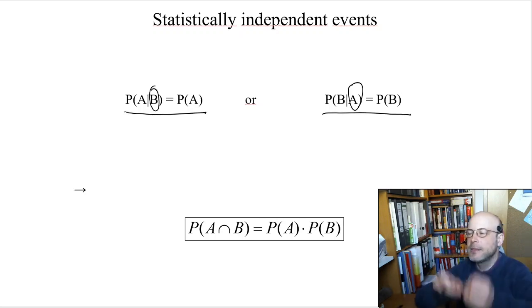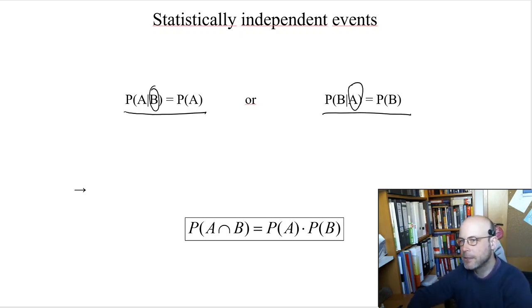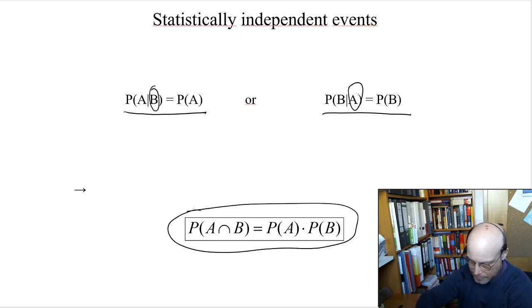If we take this with our rules and axioms together, then we can calculate the probability of A and B as just multiplying the single probabilities.